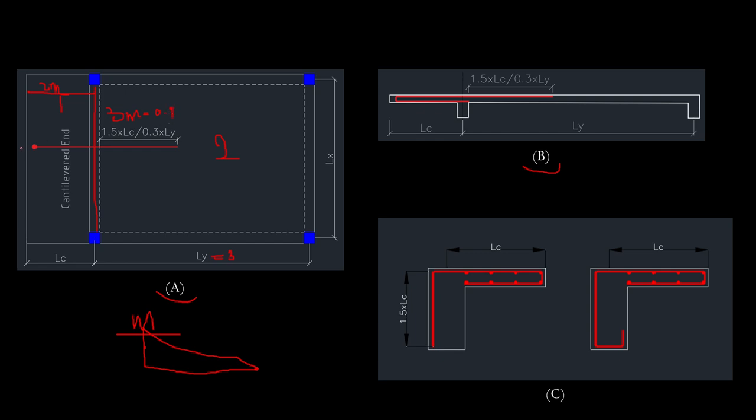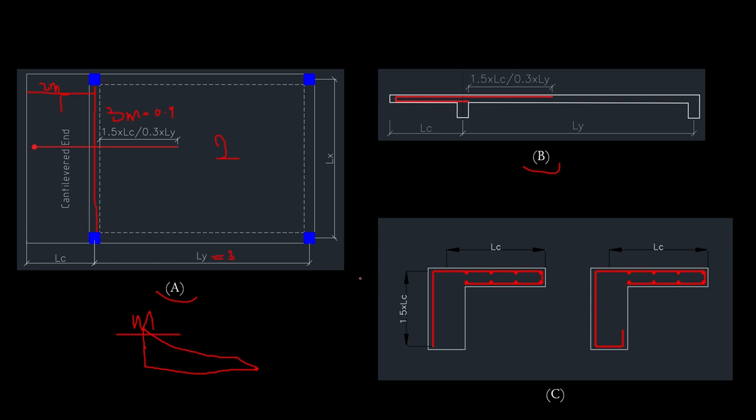So 3 meters is greater than 0.9. That means this reinforcement is going to enter into panel 2 by 1.5 multiplied by Lc, which is 3 meters. So the section of this slab in figure 1 is what we displayed in figure 2. So the top reinforcement is going to be extended into the adjacent slab by 1.5 Lc, or by 0.3 Ly.